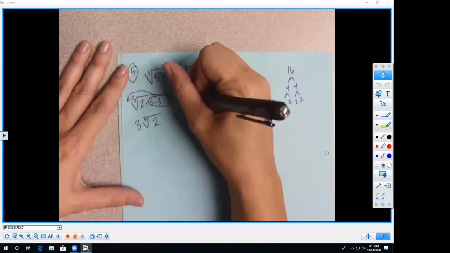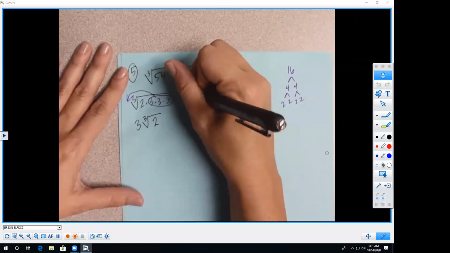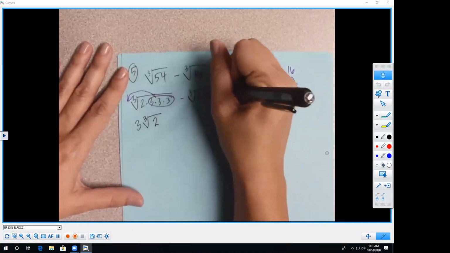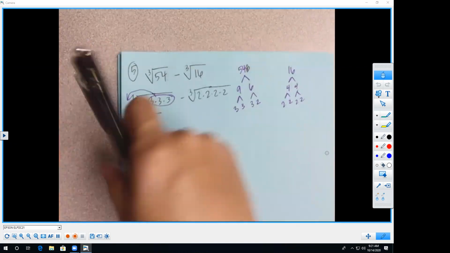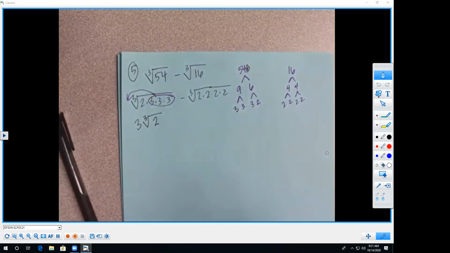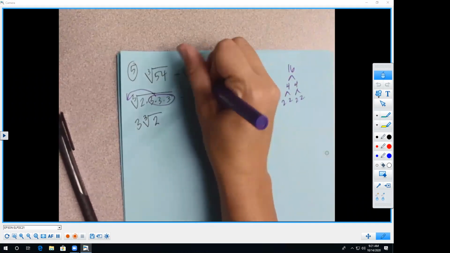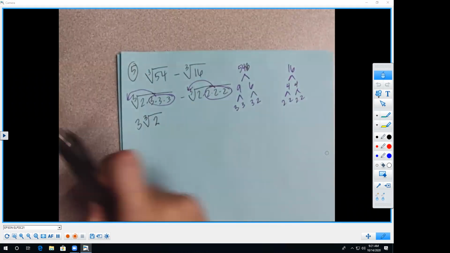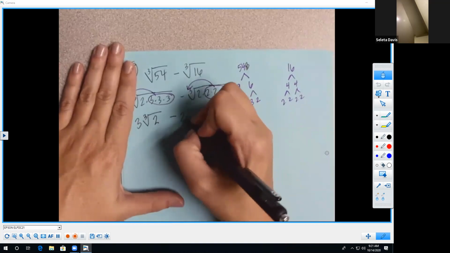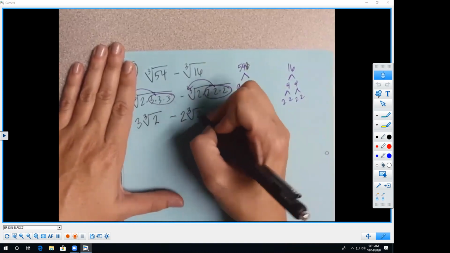For 16, I have the cube root of 4 2's. What can I take out of that one? Yeah, 3 2's. So this is minus 2 times the cube root of 2.